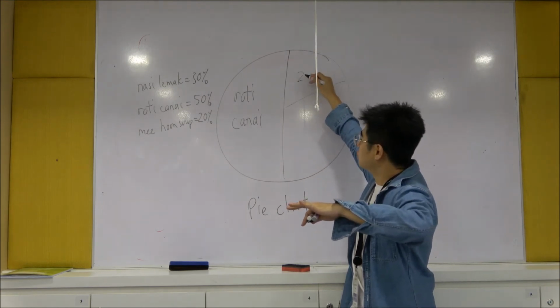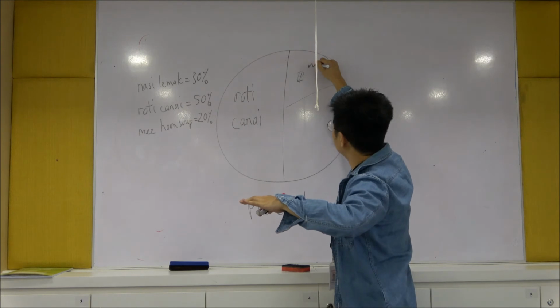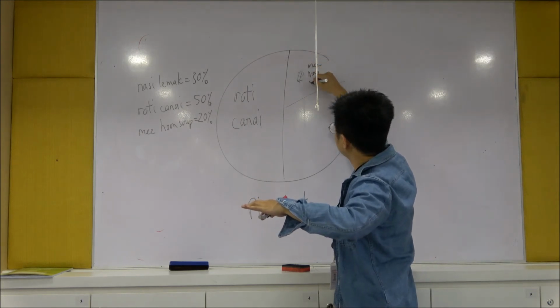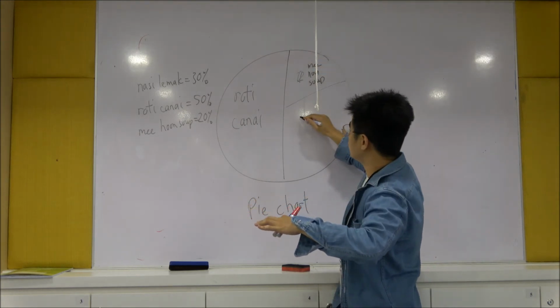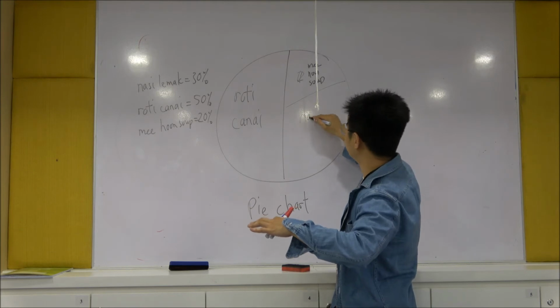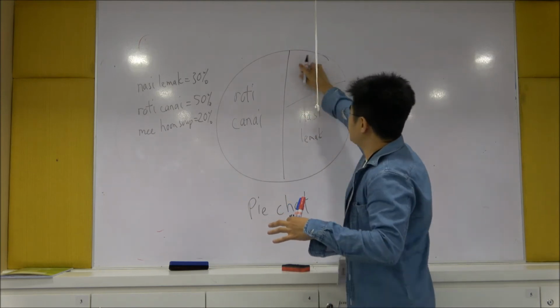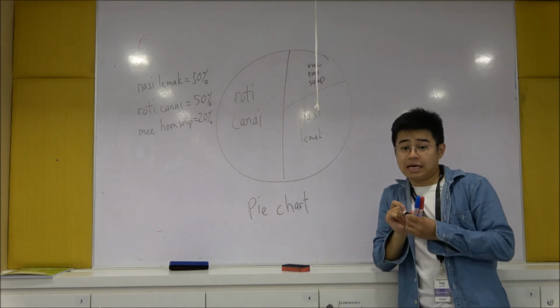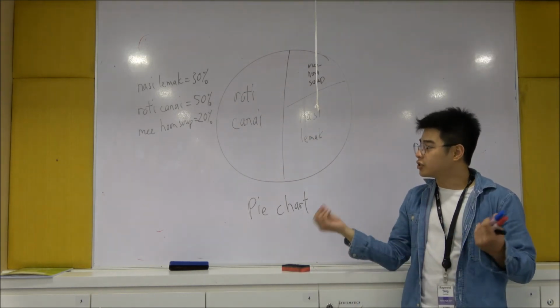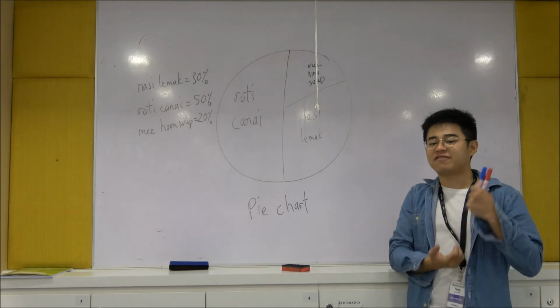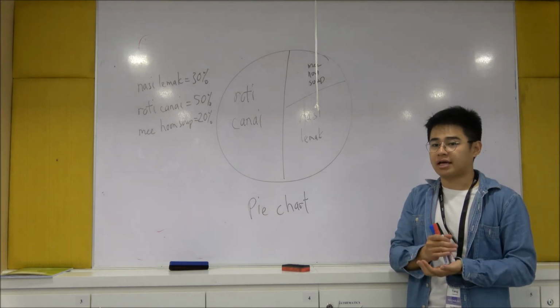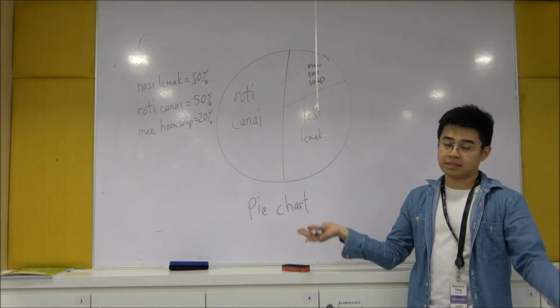So this will be the 20%, which is mee hoon soup. And this would be the nasi lemak. So a pie chart is as easy as it can go, which is why I generally feel that it won't come out in the exam, but you still have to study it anyway.